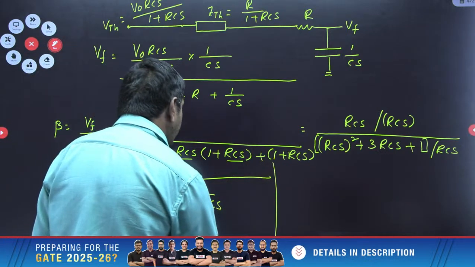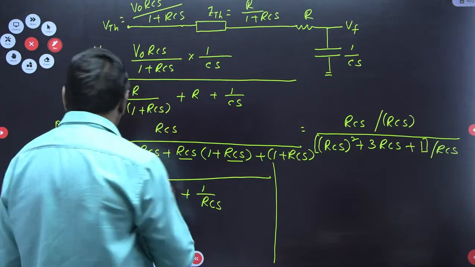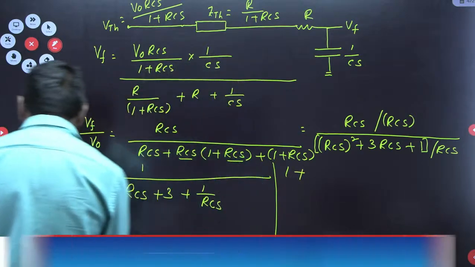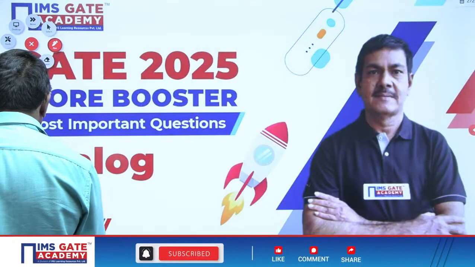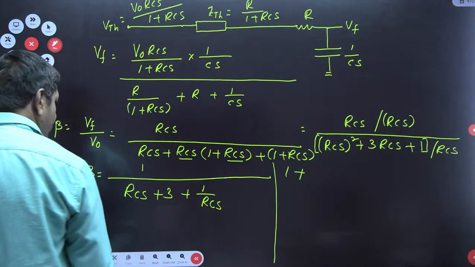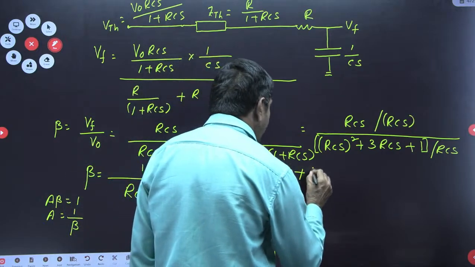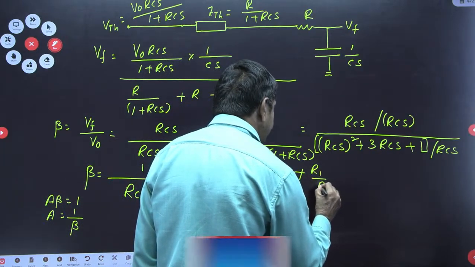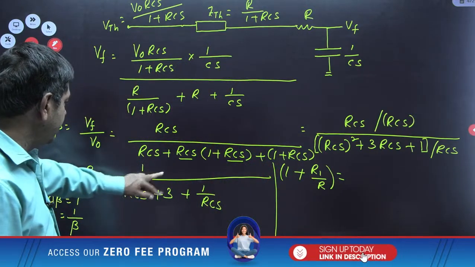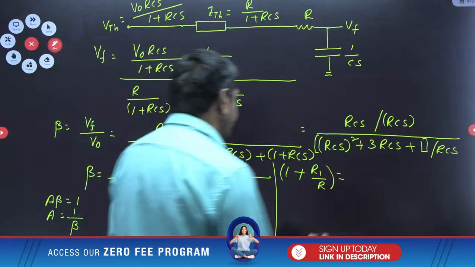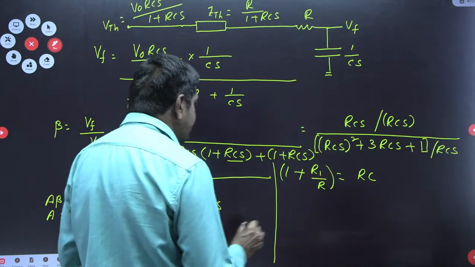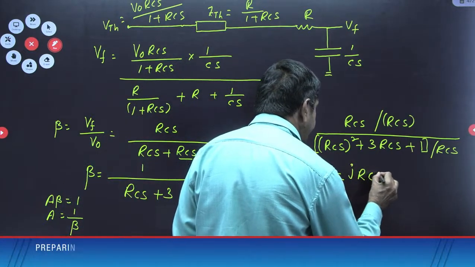A equal to 1 by beta means the A value we know is already given. What is given already? 1 plus R1 by R. That is the A value. 1 by beta means just take the reciprocal. RCS, where S equal to j omega, I substitute.